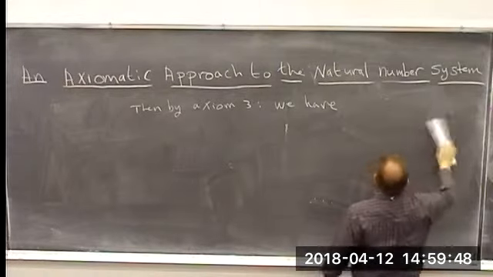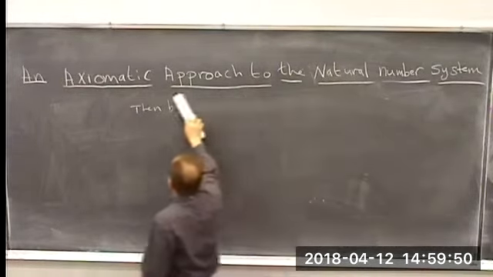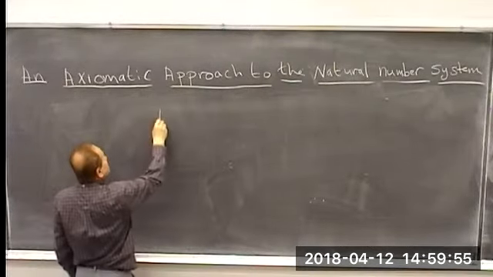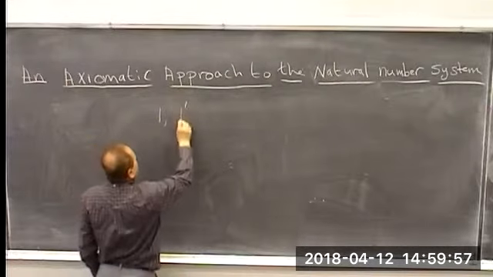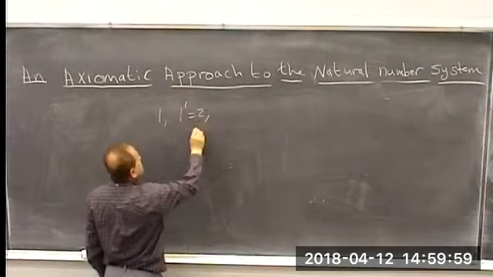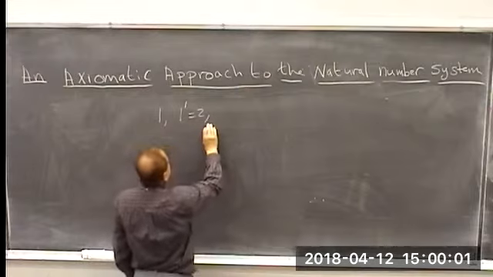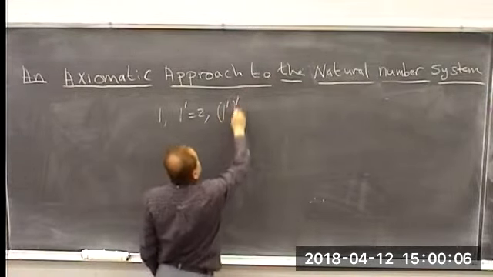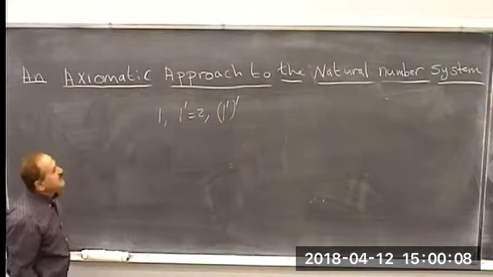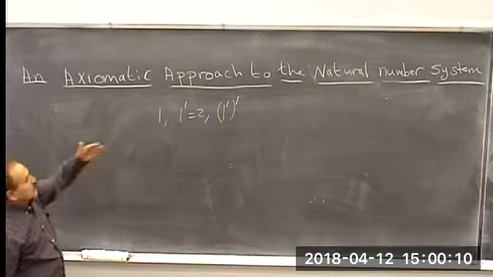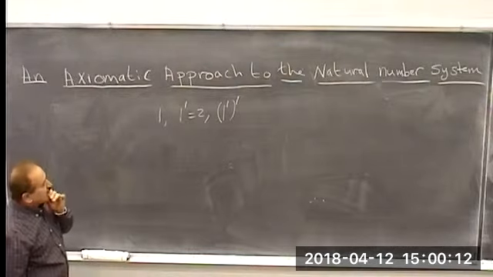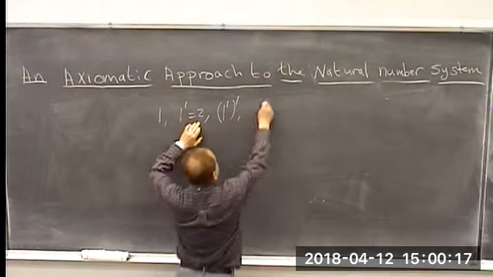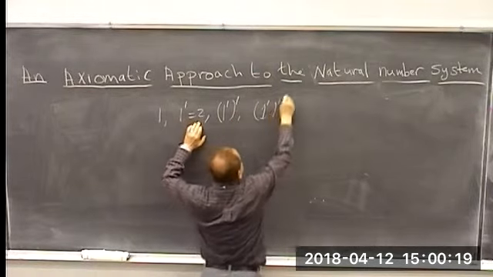With this, we started with 1, and then 1 prime, which we denoted by 2. In fact, I don't need to even denote this by 2. I can take the successor of 1, and take the successor of that, and then keep taking successors like that.